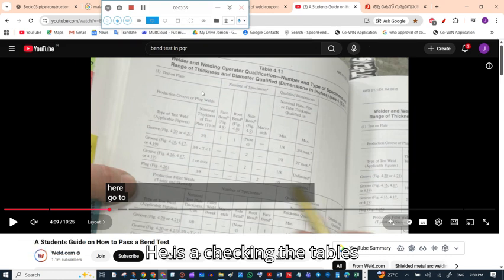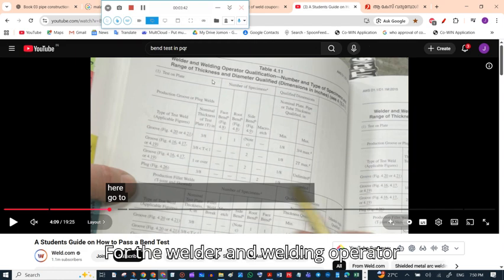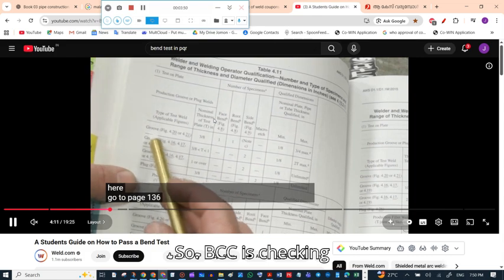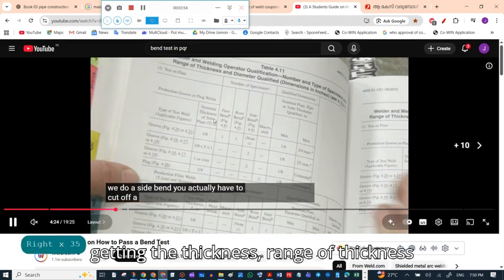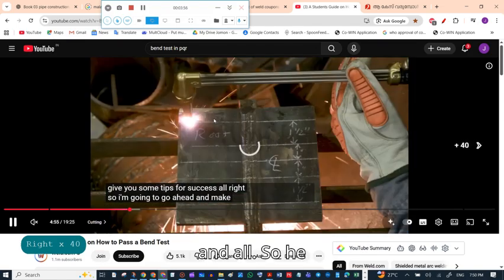So this is the code, that is AWS D1.1. He is checking the tables mentioned for the welder and welding operator qualification. So he is checking the figure, and from that figure he is getting the range of thickness and all.